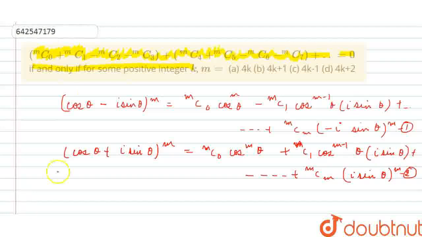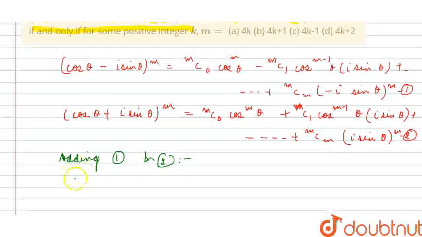Now I'll be adding equation 1 and 2. Adding 1 and 2, what do I get? I'll be getting 2 cos m theta is equal to, these terms, the negative and positive would be cancelled, the rest would be twice.